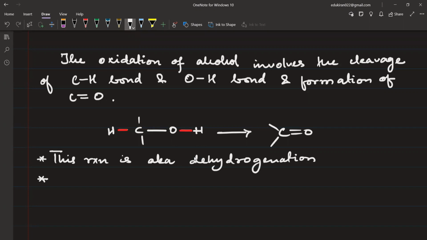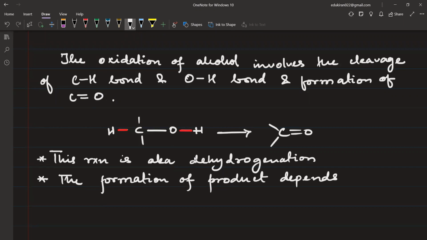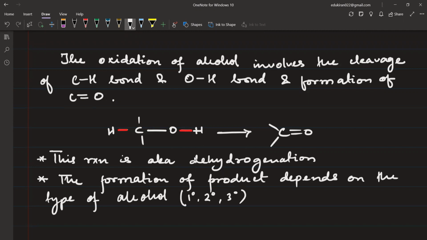Right, next point. The formation of product depends on the type of alcohol, that means whether the alcohol is 1 degree, 2 degree, or 3 degree, and the oxidizing agent.